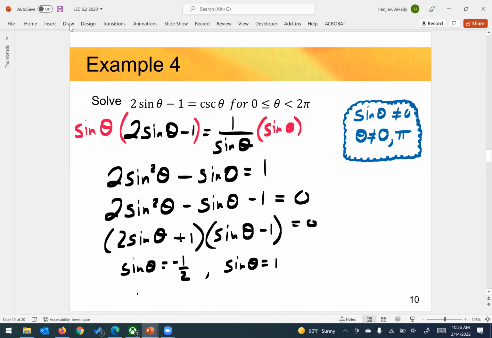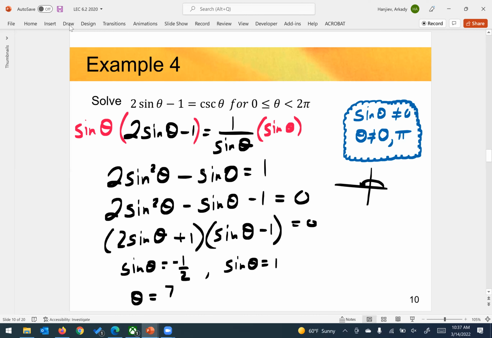In terms of radian measurement here, what would be the answers? 7 pi over 6. So going over here, you're at pi, right? And just a little bit more.